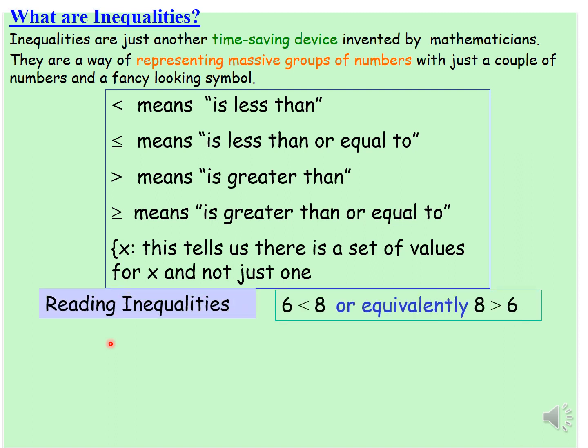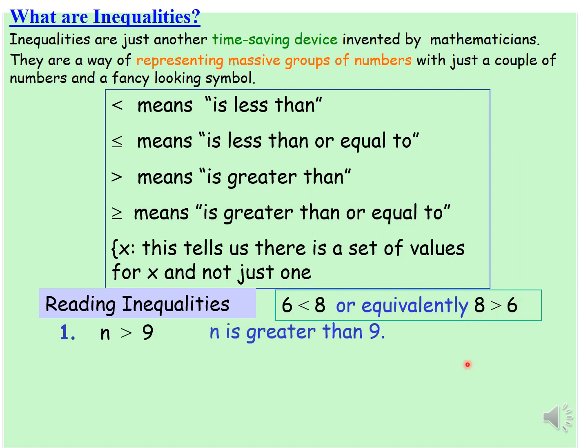Reading inequalities. So, for example, this one: 6 is less than 8. Or you could write it in another way: 8 is bigger than 6. Both of them are saying the same thing: 6 is less than 8 or 8 is greater than 6.